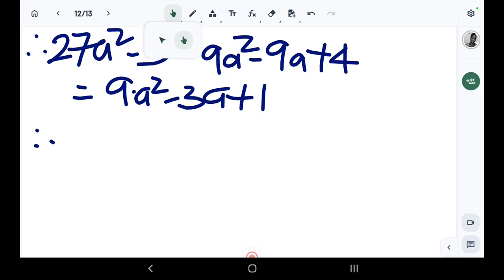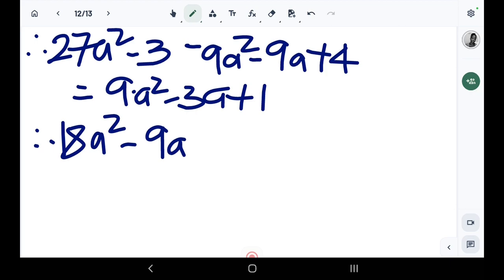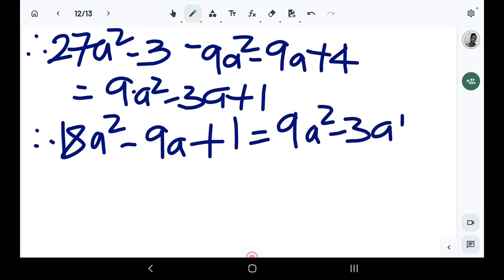You add like terms on the left hand side: 27a squared minus 9a squared is 18a squared. 4 minus 3 is 1. And minus 9a remains, plus 1, equals 9a squared minus 3a plus 1.